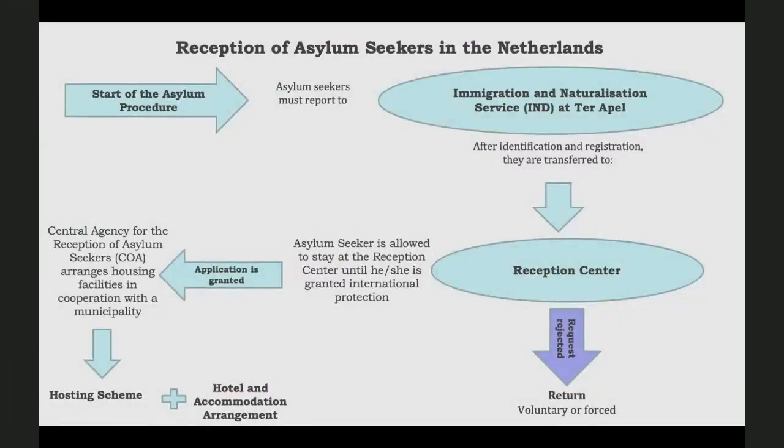Now let's focus on the 2 examples we are studying today, the Netherlands and Greece, where state authorities in both countries are actually facing a challenging situation with regard to the right of housing of asylum seekers and refugees. Let's first see under which conditions an asylum seeker or a beneficiary of international protection may have access to housing in the Netherlands.